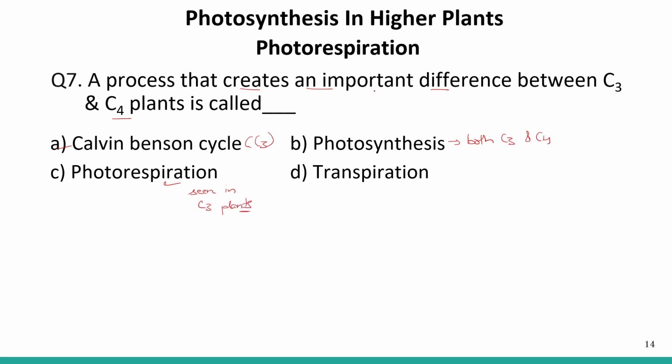Okay, so this is the important difference between C3 and C4 plants. Fourth option is transpiration. Transpiration again takes place in all the plants. So, what should be the correct answer here? Photorespiration. Photorespiration is the important difference between C3 and C4 plants.